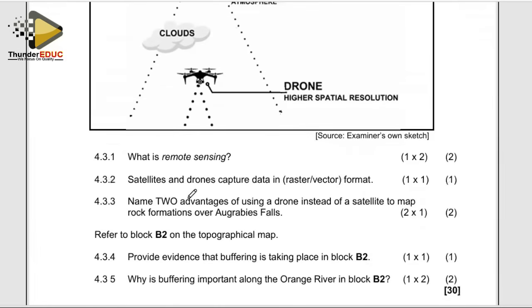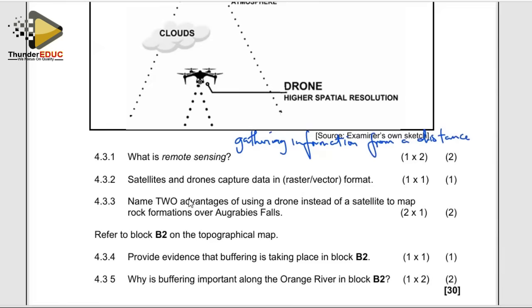What is remote sensing? Remote sensing, basically, in common geographical understanding, is the collection or gathering of information about the Earth from a distance.